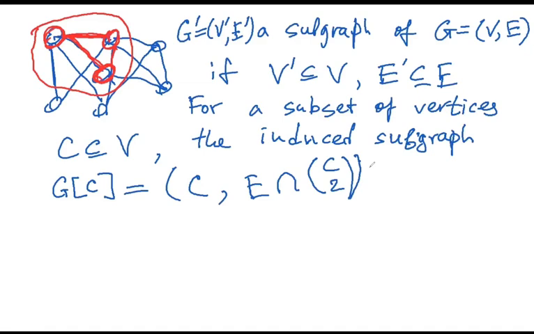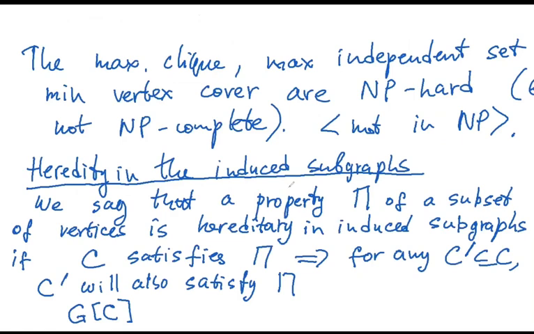Essentially, once both of the vertices are included in C and they have an edge between them in G, that edge must be transferred over to the induced subgraph. And this doesn't have to be the case when the graph is just a subgraph, but not an induced subgraph. So anyway, we stated this heredity property in the induced subgraph.